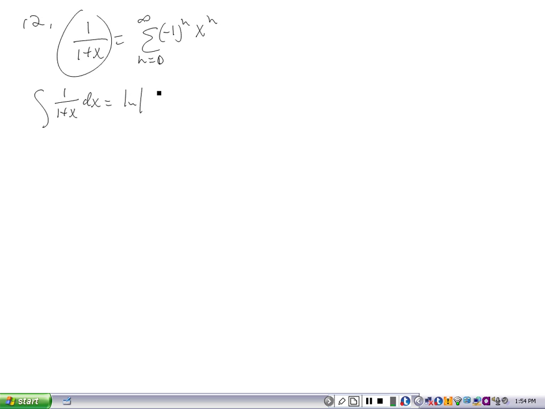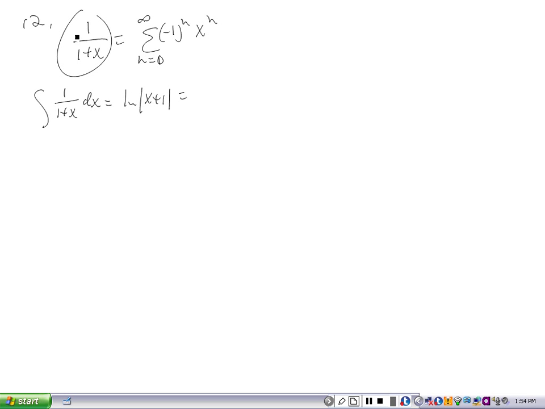Notice that 1 over 1 plus x, based on what we talked about for the power series, is the summation as n goes from 0 to infinity of negative 1 to the n times x to the n. You have the natural log of x plus 1, which would be the integral of this. The integral of 1 over 1 plus x dx is the natural log of the absolute value of x plus 1.